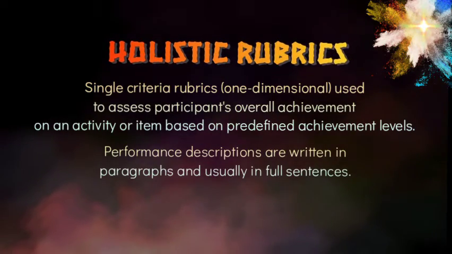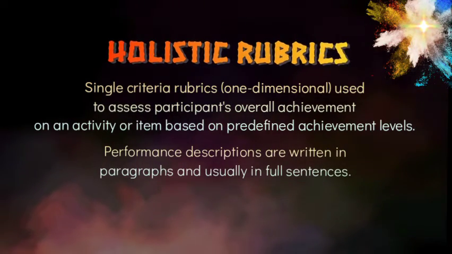Performance descriptions are written in paragraphs and usually in full sentences. A holistic rubric consists of a single scale with all criteria to be included in the evaluation being considered together. Example: clarity, organization, and mechanics.